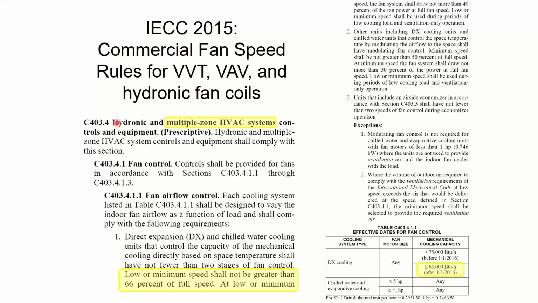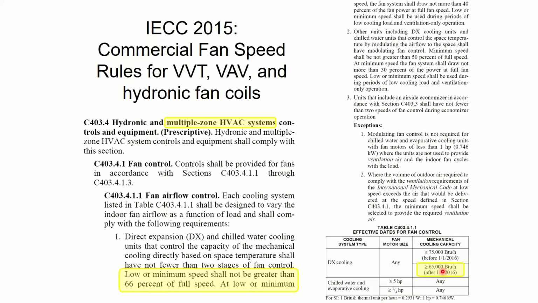Specifically, if you have hydronics on your system, meaning hot water heat as opposed to electric heat, heat pump, or gas heat, or if you have multiple zones, meaning zone dampers in the duct that open and close, like VAV, VVT, constant volume zoning, then the fan speed rules kick in. Specifically, the rule is if you are above 65,000 BTUs, which would be more than 5 tons of cooling, then you're going to have to do a 2-speed fan.